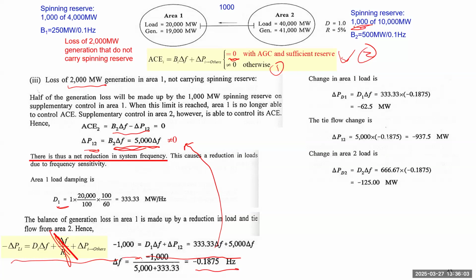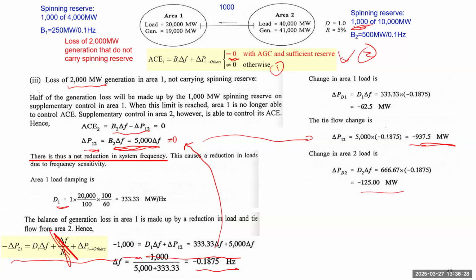Okay, because of the frequency deviation, we'll have a load decrease in area 1 by 62.5 megawatt. And tie-line flow from here will be negative 937.5 megawatt.